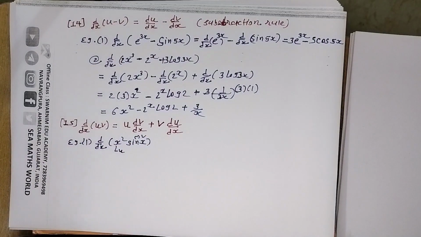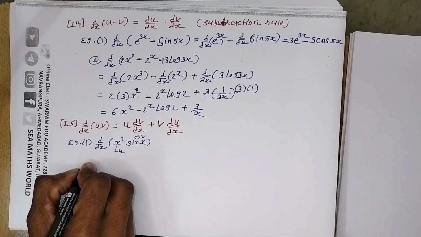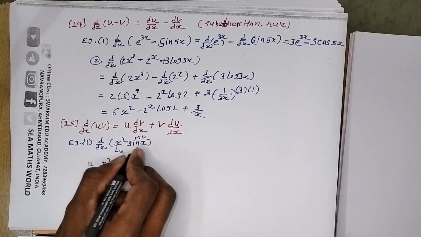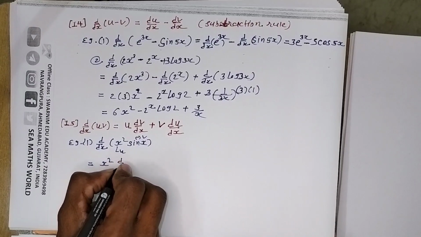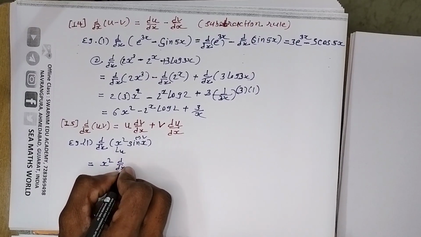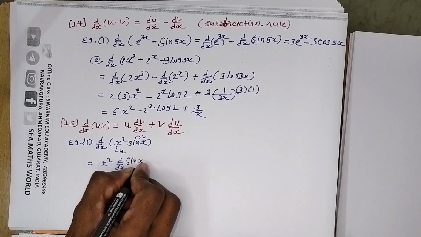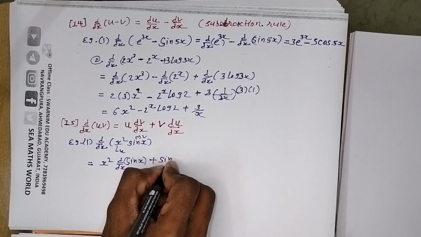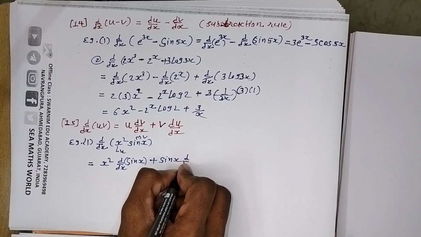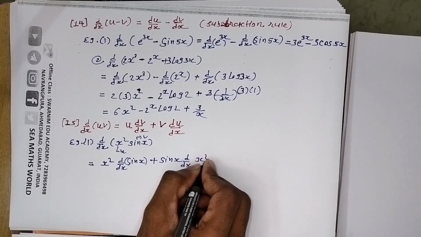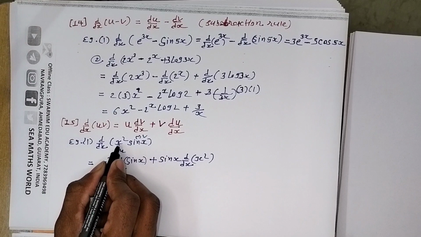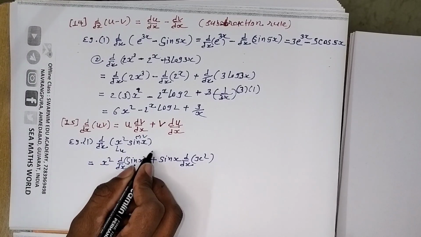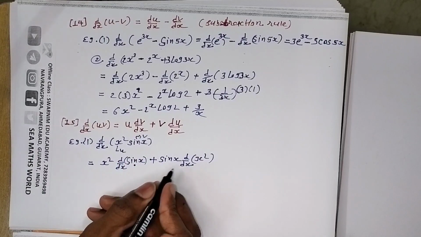So according to the formula, we are taking u as it is, x square as it is, and differentiating v. Here is sin. So differentiation of sin x. Then plus, now we will keep sin x as it is. Then differentiation of x square. First of all, we have taken x square as it is and differentiation of sin x. Then plus sin x as it is and differentiation of x square.